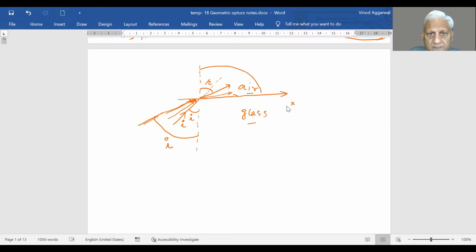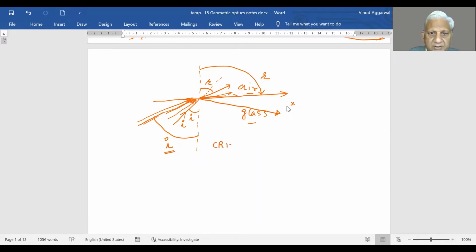This is our R. And if we increase the angle of incidence further, what is going to happen? There will not be any refraction. Instead, the ray will come back like this, as if it is bouncing off a mirror. A situation where your refracted angle just becomes 90 degrees, for that the incidence angle is called the critical angle.